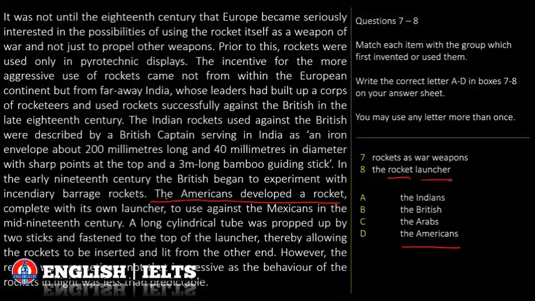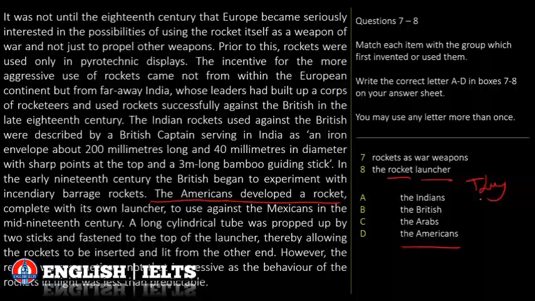Otherwise, they can talk about America a lot, and then in the next sentence they could say they were the first to use launchers for the rockets they were using. They can do such things, and you will be like, oh, they have not mentioned anything about people or any country. That's not how it's supposed to be.